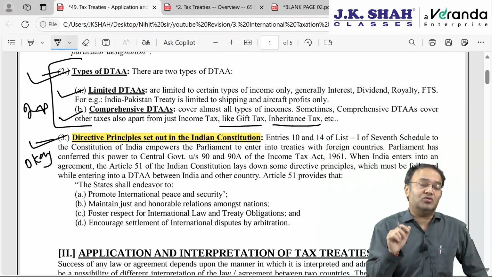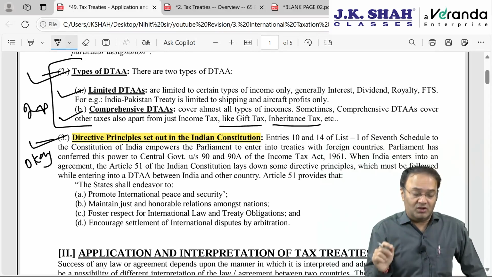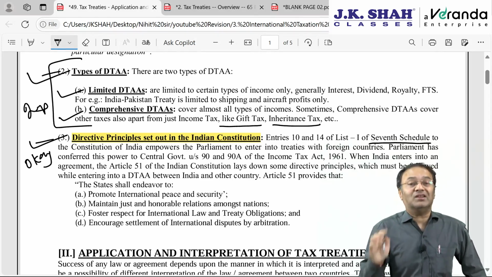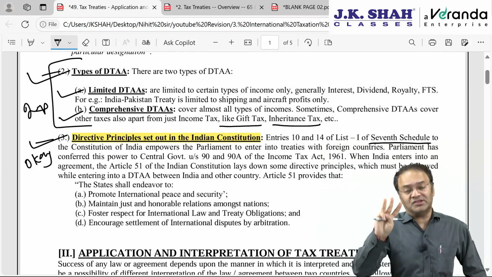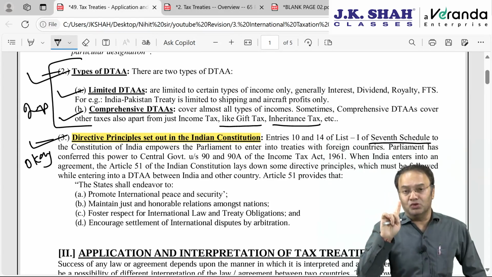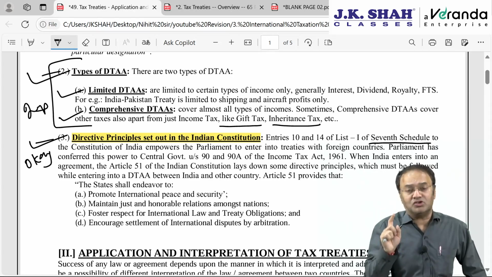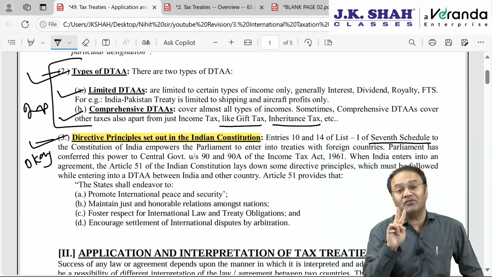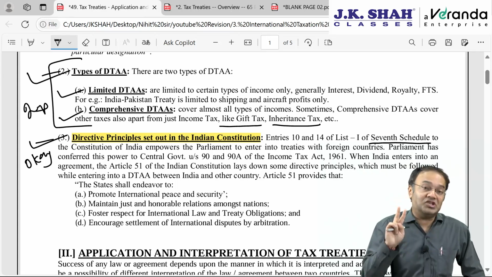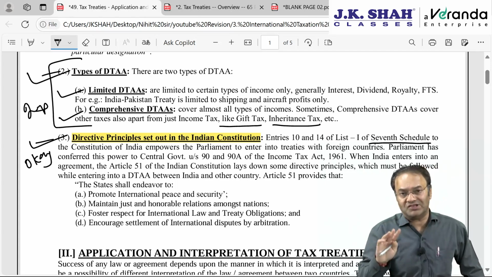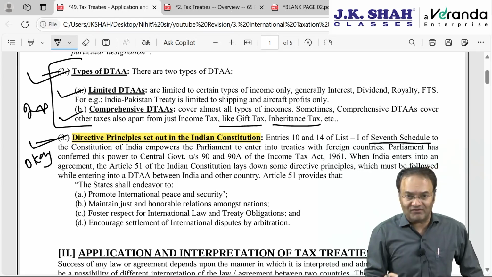Out of 14 schedules, in the 7th Schedule to the Constitution of India, there are 3 lists. First list is the Union list, which talks about items or entries on which the central government has exclusive jurisdiction. Second list is the State list, on which state governments have exclusive power. And the third list is the concurrent list, where state government and central government both have the power.